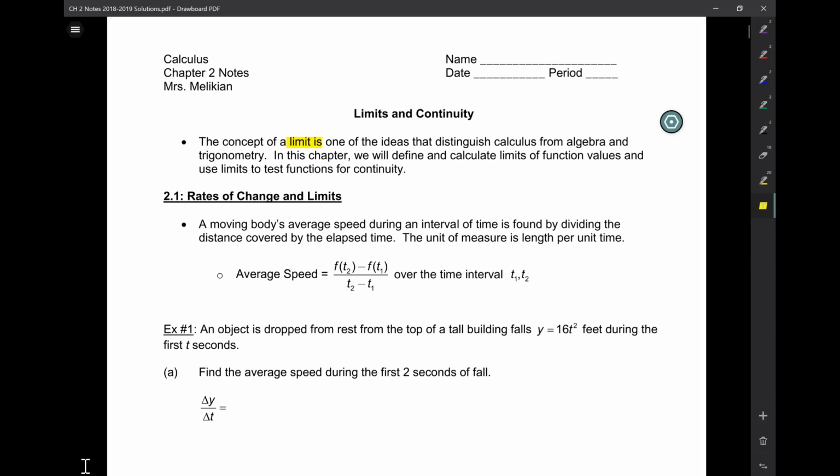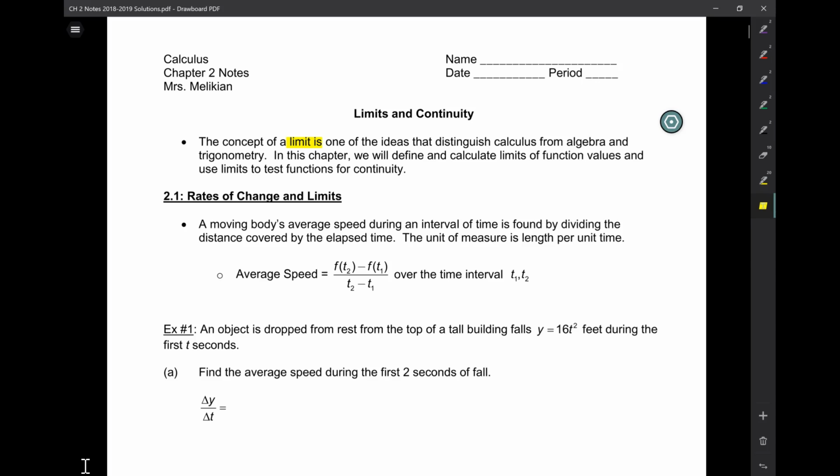Because when we start talking about limits, we're really talking about where a function is approaching. We're talking about the tendencies. And then we really get into looking at the infinite number of points between even one unit. All right.